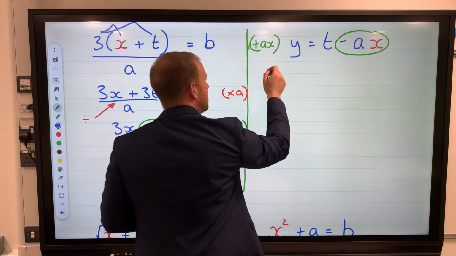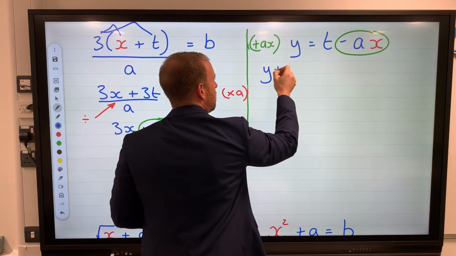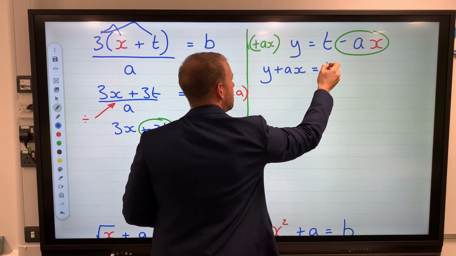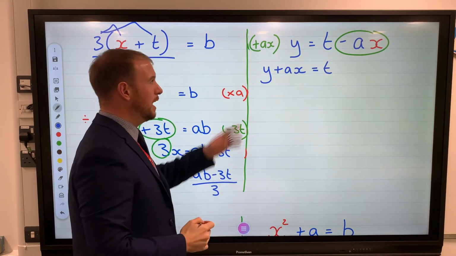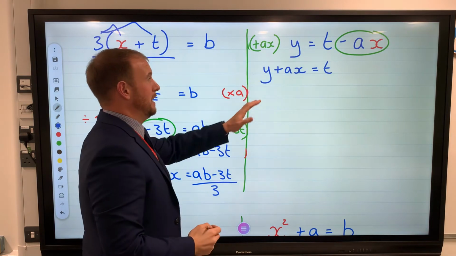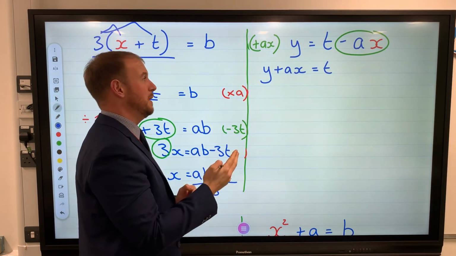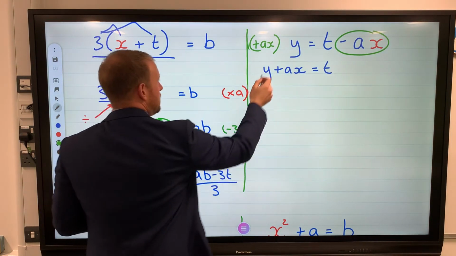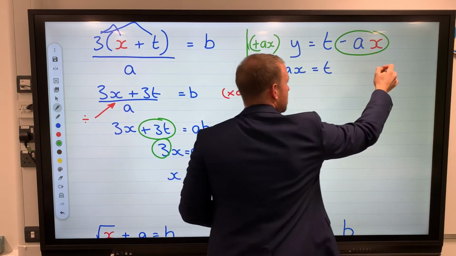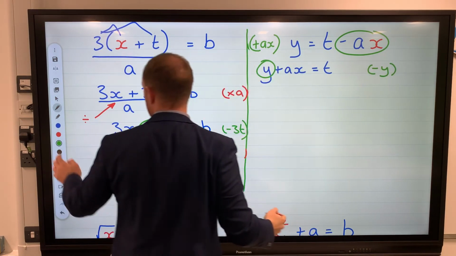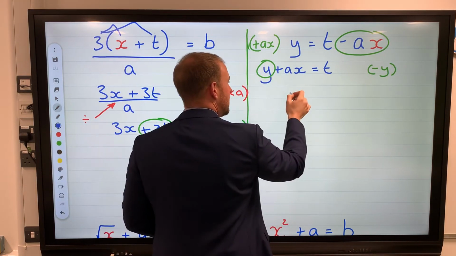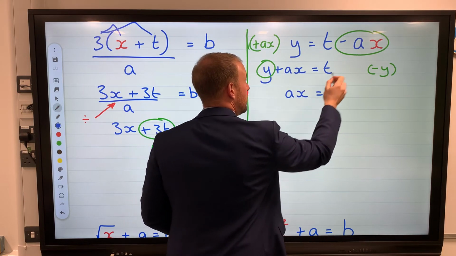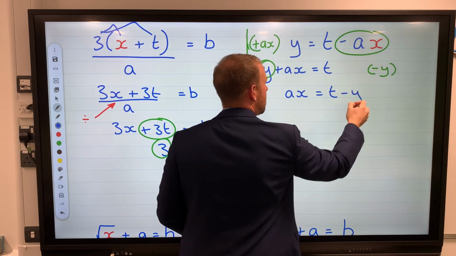That way then, on this side I now have y plus ax equals t. Now it's positive, I can then do the same as before to get x by itself. I now need to eliminate the y by subtracting y. So on this side I have ax, on this side I have t take away y.